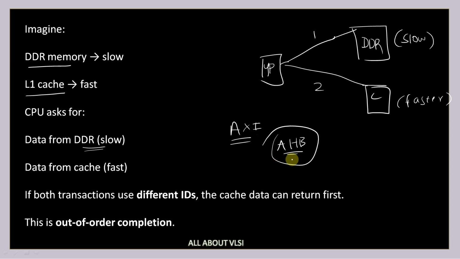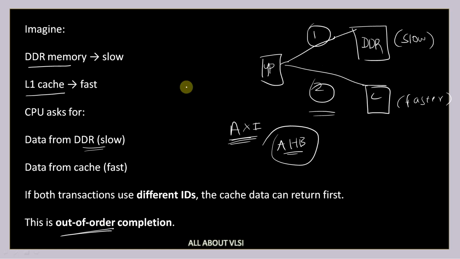In AHB, whichever component you have requested, that transaction should be completed and only then can another transaction start. But in AXI, before completing one transaction, the processor can start another transaction and complete it, and the transaction which was initiated first can complete later. That is nothing but out of order completion.